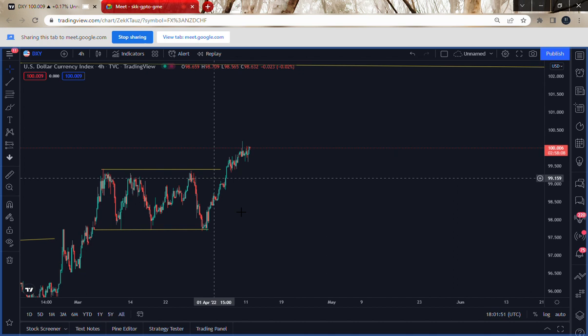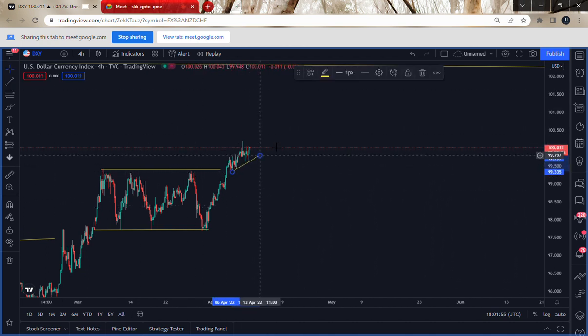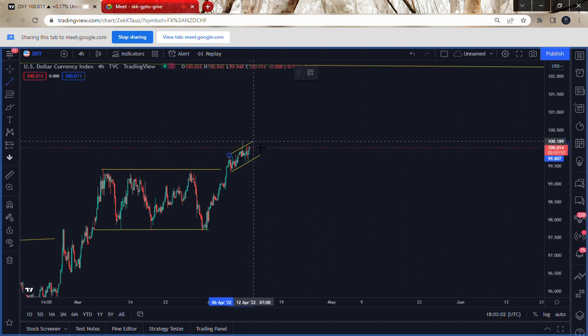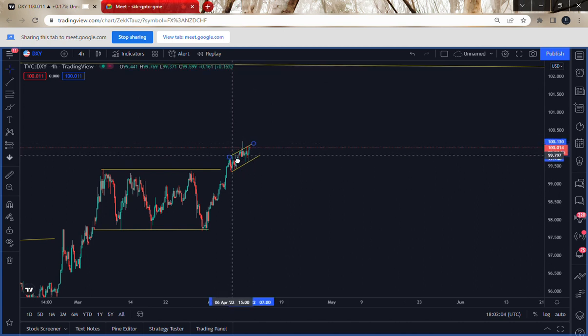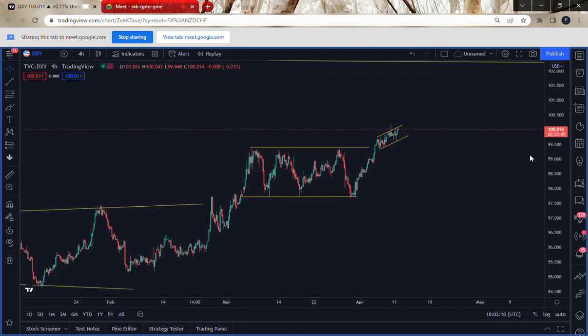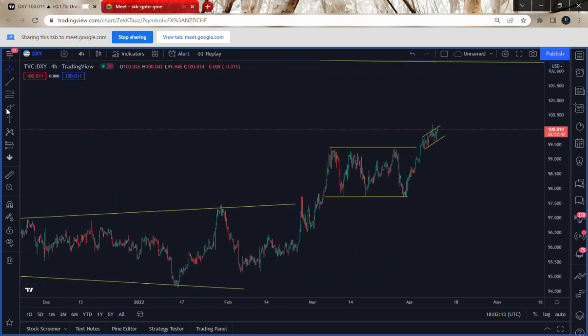So I have this impulse, I have this correction, and then this impulse that is happening right here is not yet so impulsive, it's not very conclusive, but we'll see how it develops.